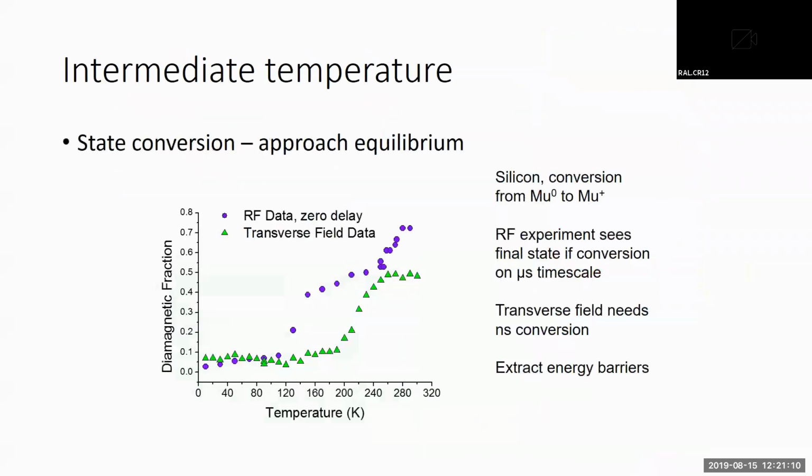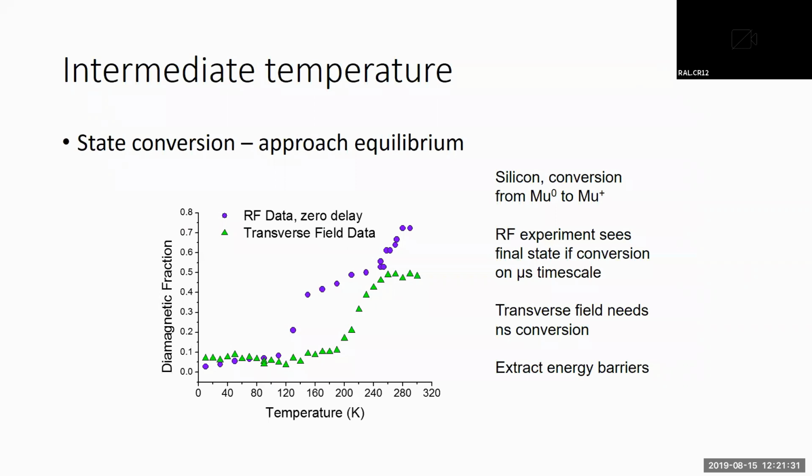At intermediate temperatures, we can start to see the dopants ionized and some carriers present in the material, and the muon starts to capture the change of charge state. So, for example, here's the diamagnetic fraction in silicon, quite low at low temperatures because we form muonium.